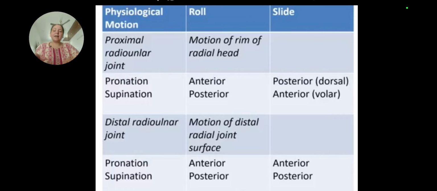Now you understand the proximal and the distal radio-ulnar joints. Here the convex radial head is moving.